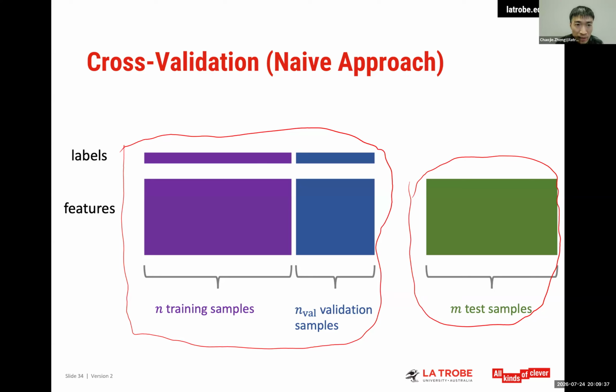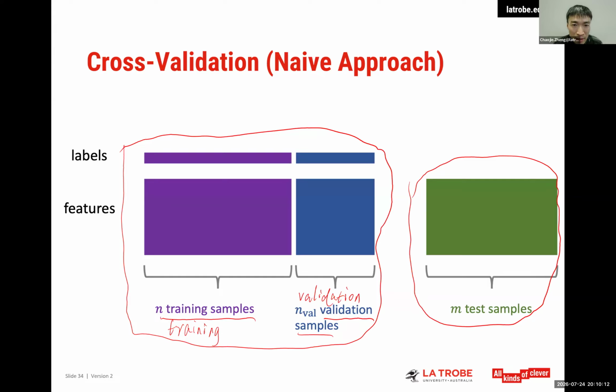So we further split the previous training dataset into training dataset and validation dataset. And now we have three datasets in this case.